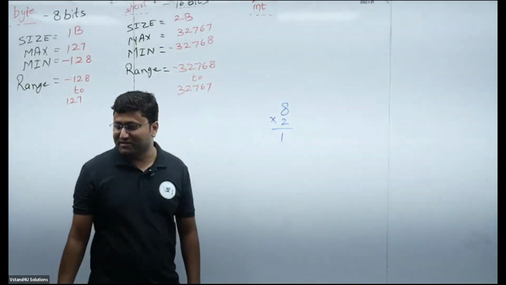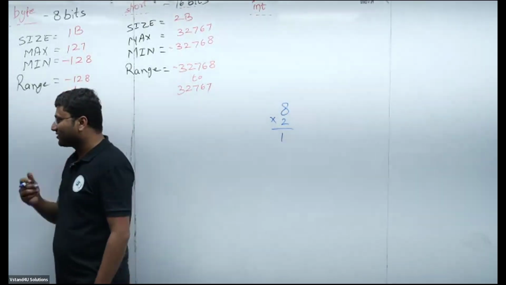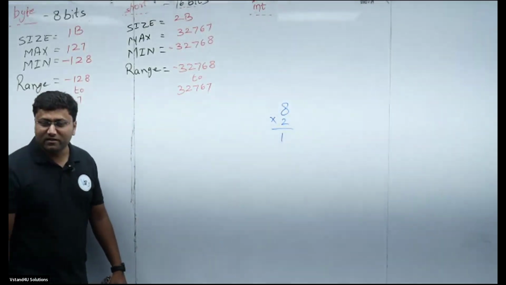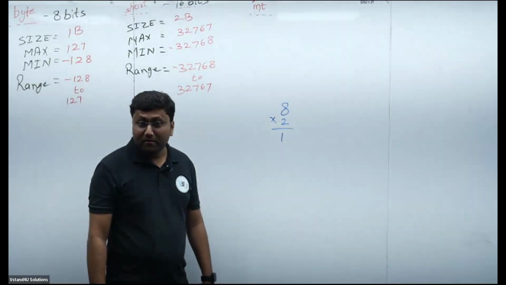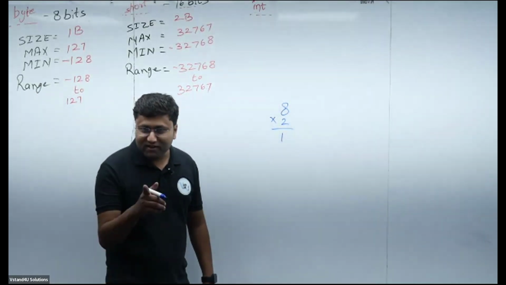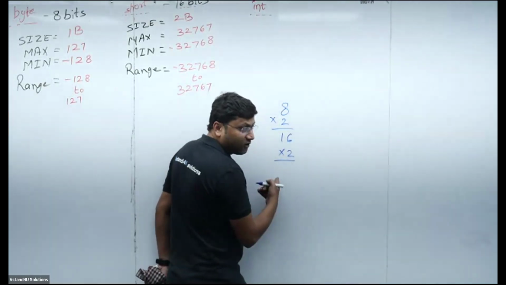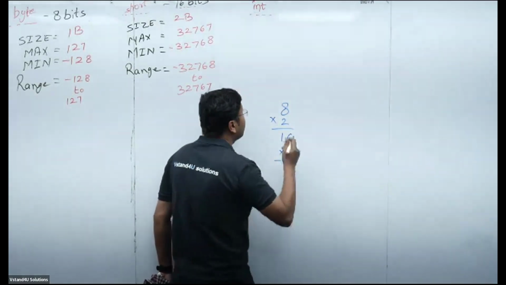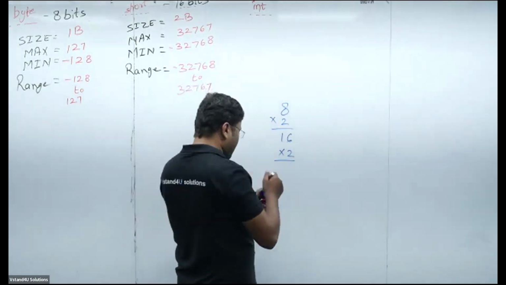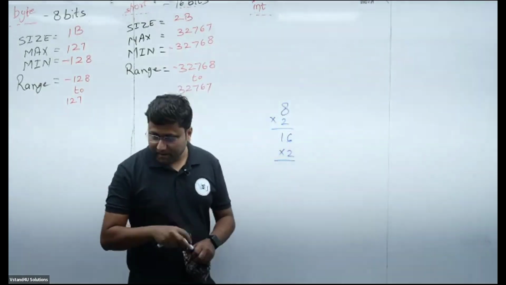Next level engineers. My throat is actually gone. 8 into 2 is how much? Confusion. 16 into 2, 32. Pakka. How many bits? Pakka.